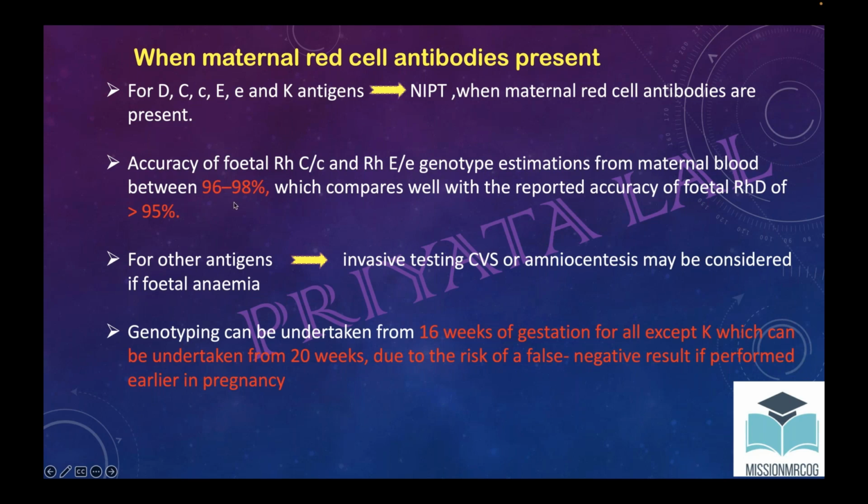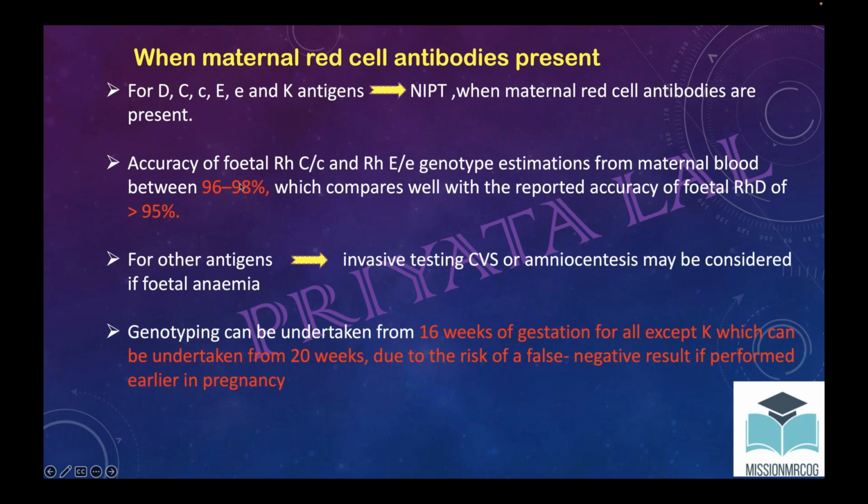Because we are doing free fetal DNA, you must know about NIPT, this test is done from the maternal blood. The accuracy for C and E genotype would be 96 to 98%, but the accuracy of genotype RHD will be less than 95%. This number could be important for part 2 people.